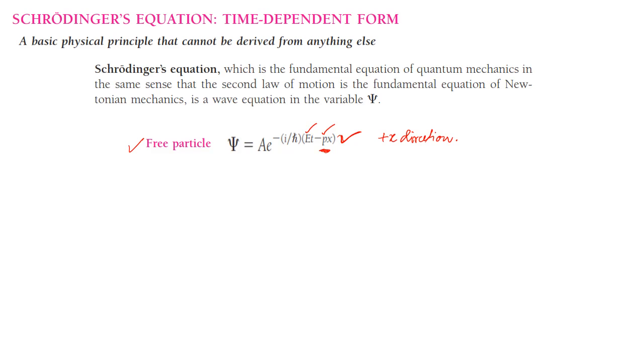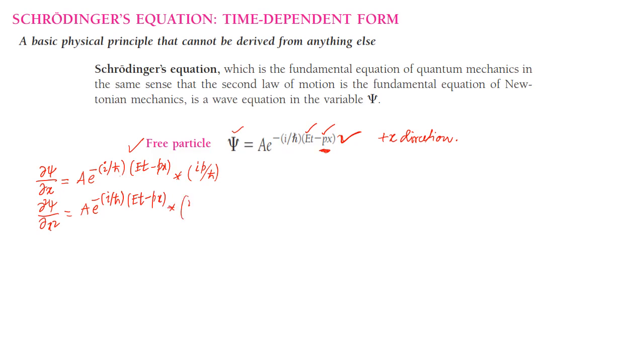If I differentiate this psi with respect to x once, I can write A e to the power minus i over h cross (Et minus px), and the differentiation gives ip over h cross. If I differentiate again, d2 psi over dx square, this gives ip over h cross and again ip over h cross.